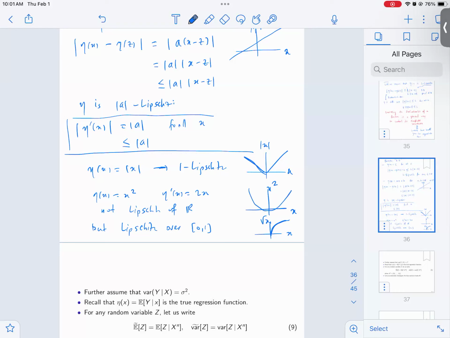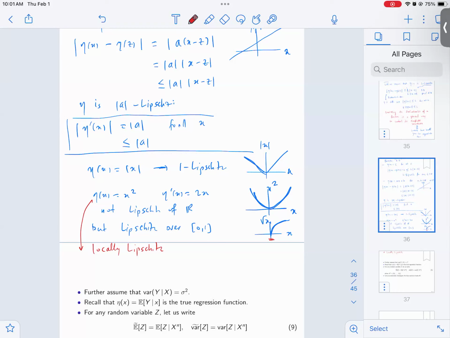This is sometimes called locally Lipschitz. Any bounded set is Lipschitz for X squared, but not over the entire line. So locally Lipschitz means in a neighborhood of some point it is Lipschitz. We don't really need this, but you can say locally Lipschitz. This is more problematic, as there it blows up.